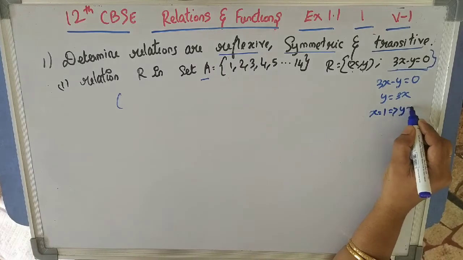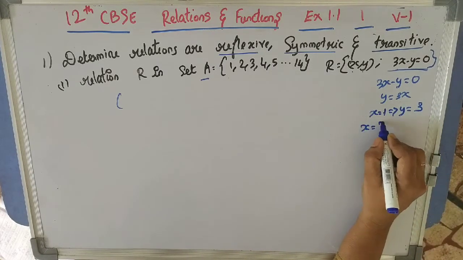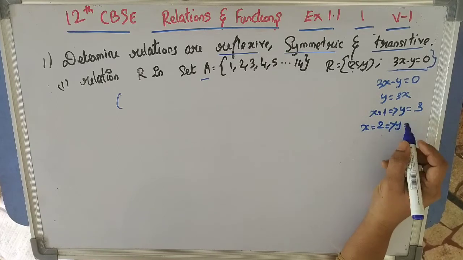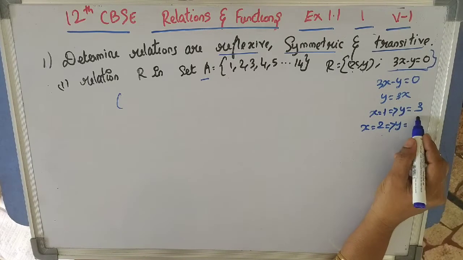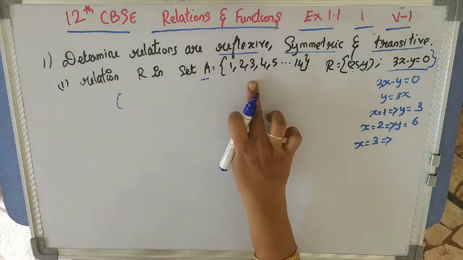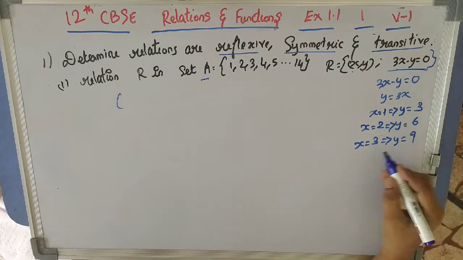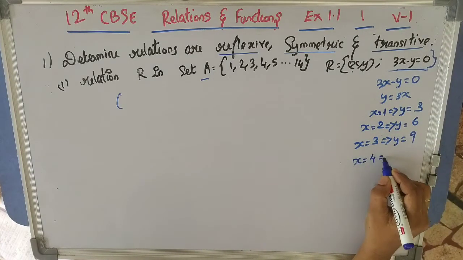When x is equal to 1, y is equal to 3x, so 3 into 1, 3. When x is equal to 2, y is equal to 3x, so 3 into 2, 6. When x is equal to 3, y is equal to 3x, so 3 into 3, which is equal to 9. When x is equal to 4, what is y?